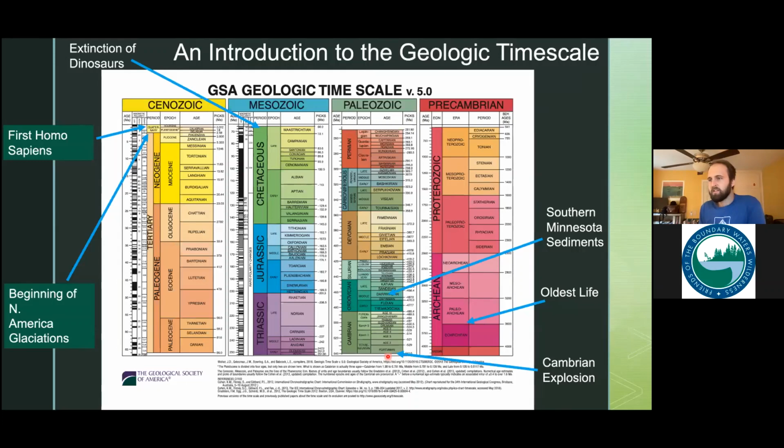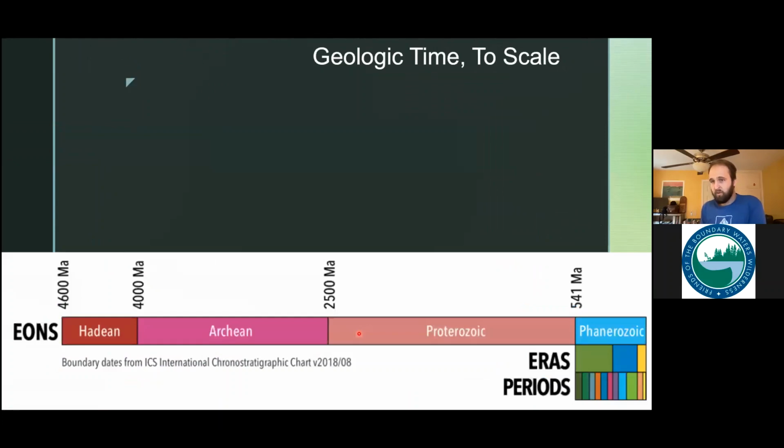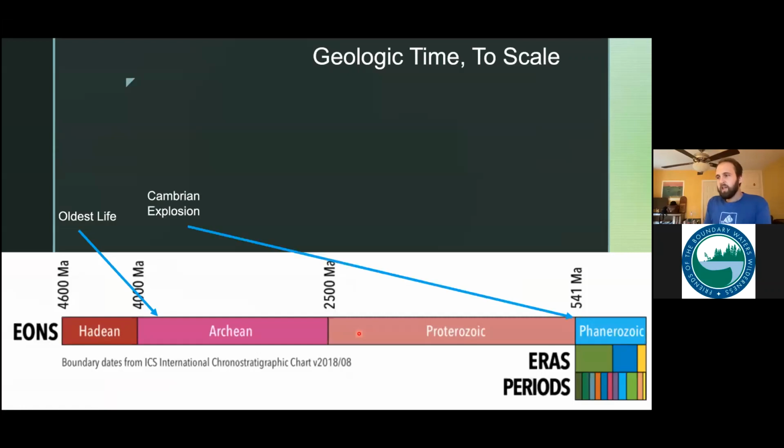But I wanted to take this skewed look at geologic time and put it to scale. So here, the oldest stuff, the beginning of the Earth, is on the left, and it gets younger as you go to the right. I'm going to put those same events up, and this is to scale, so it doesn't blow up the more recent past. So here's the oldest life, 3.8 billion years ago. Here's the Cambrian explosion, where those first skeletal life forms came, at about 540 million years ago.